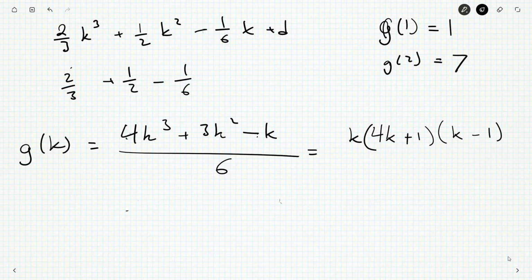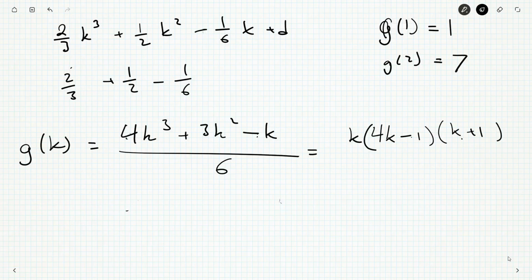So if I plug in 1, I get 0 out. That's not good, because if I plug in 1, I should get 6 out. Yeah. No, that should go to 1. If I plug in minus 1, I get minus 4 plus 3 plus 1.